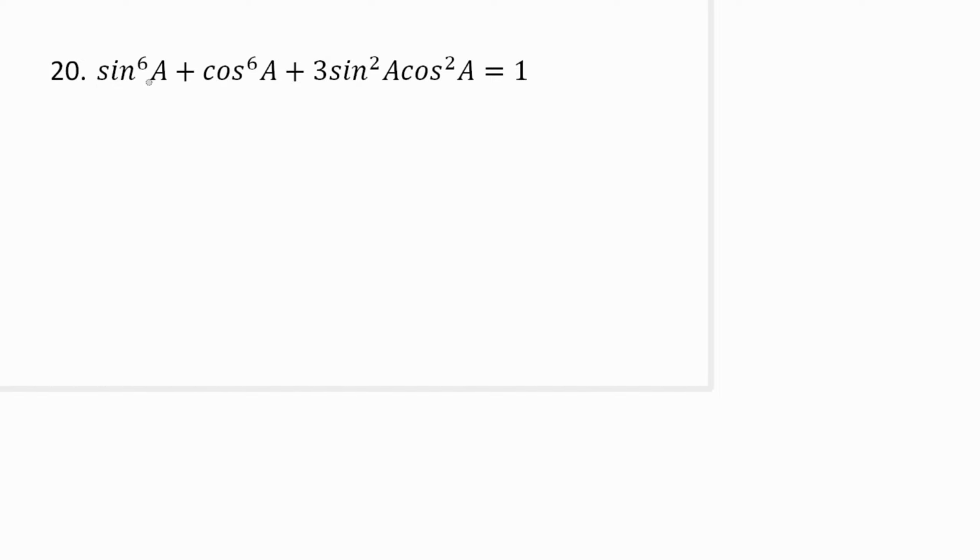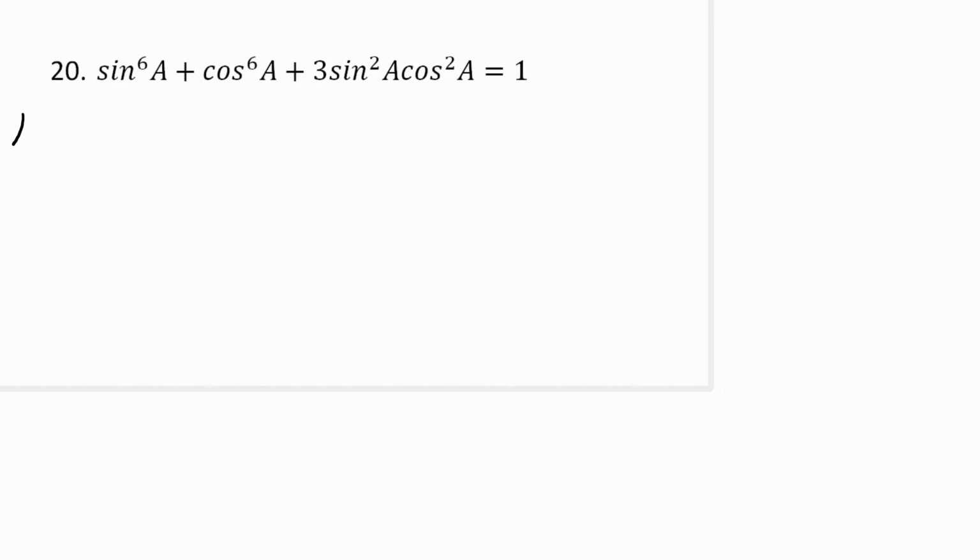Here, the left hand side is sin 6a plus cos 6a plus 3 sin square a cos square a. Now here we will again use the identity a cube plus b cube.